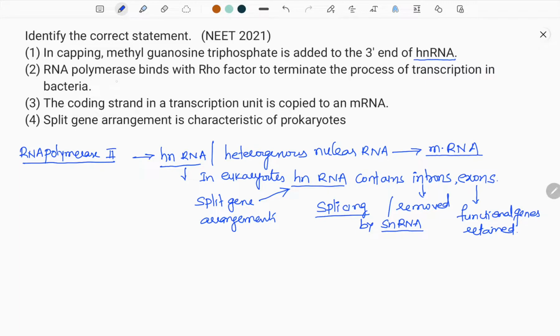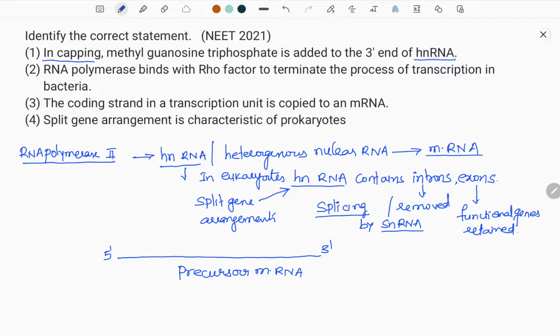Now let us see the second statement. By the way, what is capping here? I told you that after removal of the introns, the exons are rearranged. So this will be the precursor of mRNA. Precursor means from this, the complete processed mRNA is formed. Let us suppose this is fifth end, this is third end.